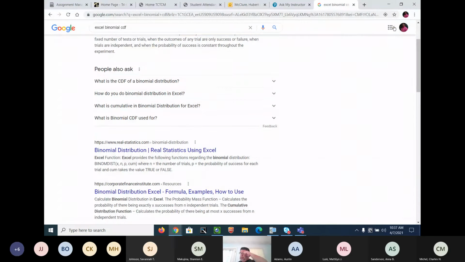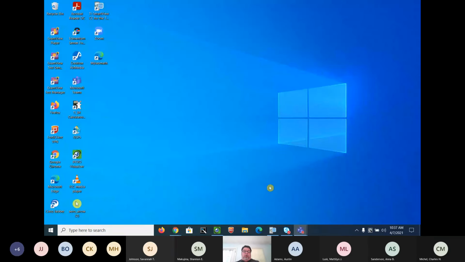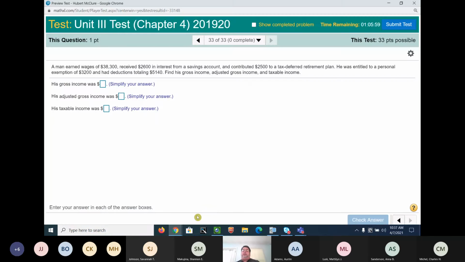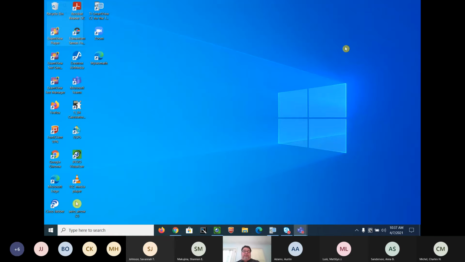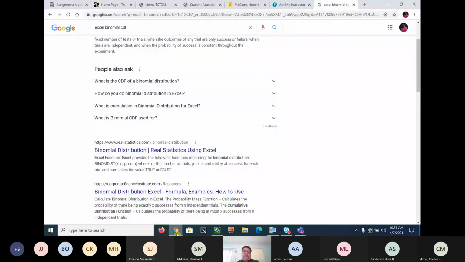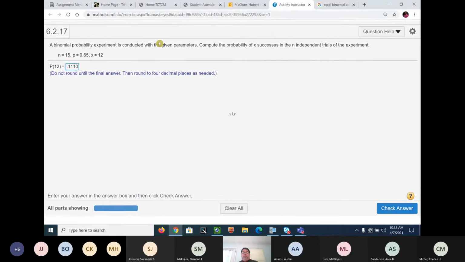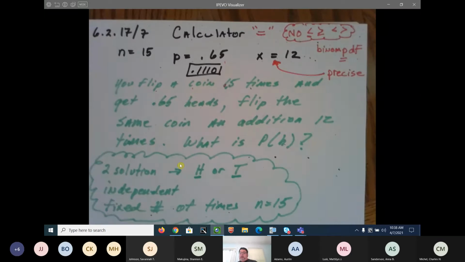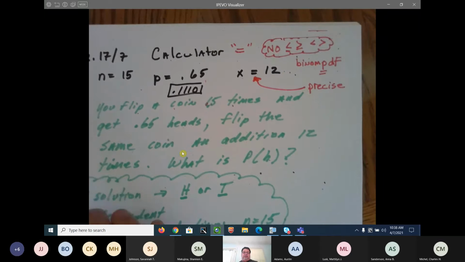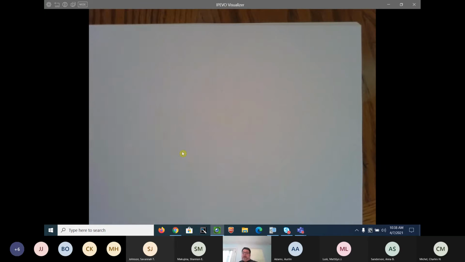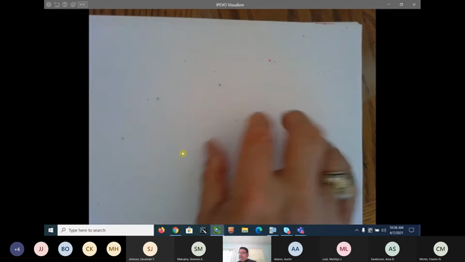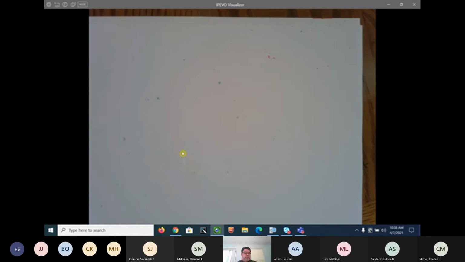All right, let's go back to 0.1110. That's our question. Now, Mr. Michelle brought up scientific notation, so let me show you that right quick. Scientific notation, y'all know how to do scientific notation from algebra. So don't let the calculator mess you up.